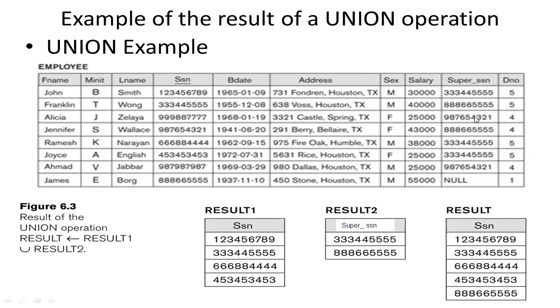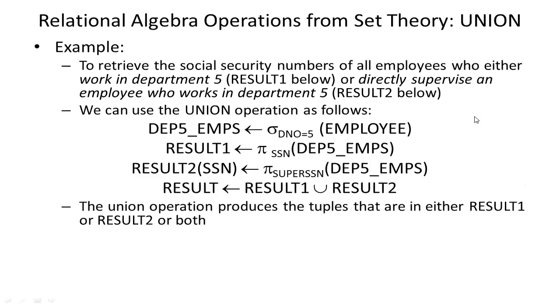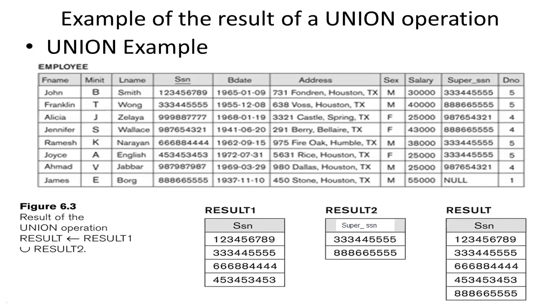The super SSN for department number 5 is 3334445, and then you have 8886645, and you have 3334455. There are 3 records with the same super SSN value, so we take only one, and apart from that you have only one 8886645.